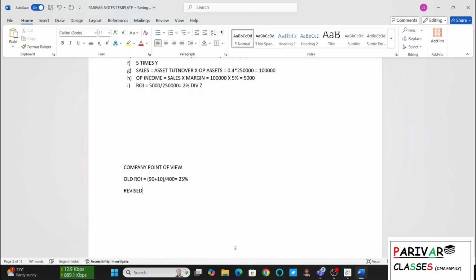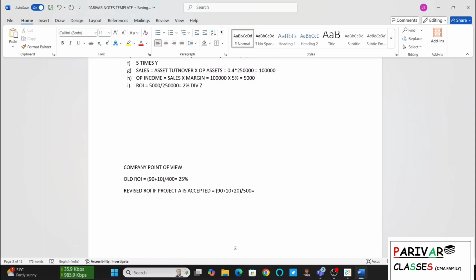Now the revised ROI, if division A's project is accepted. In that case, we get 90 plus 10 plus 20, divided by 400 plus 100 extra, 500.